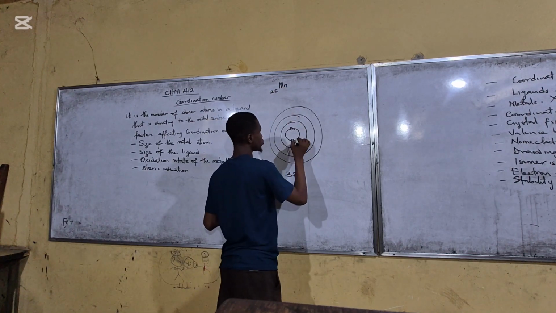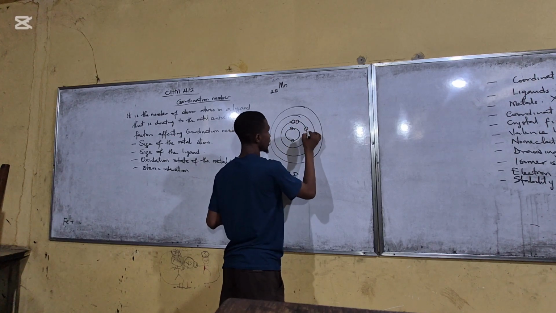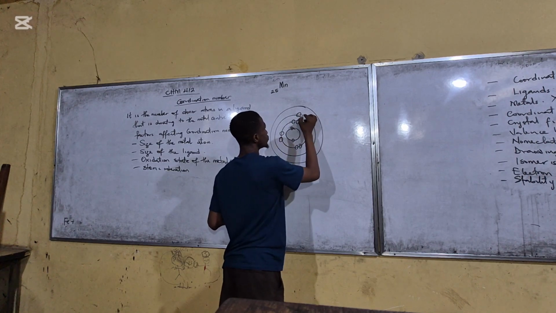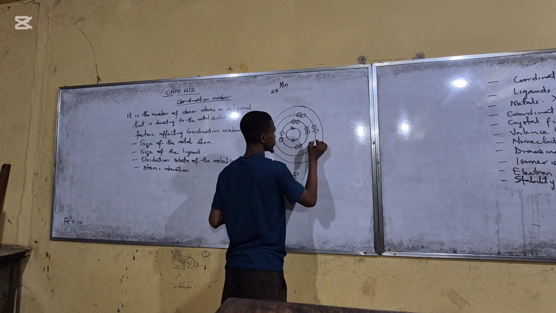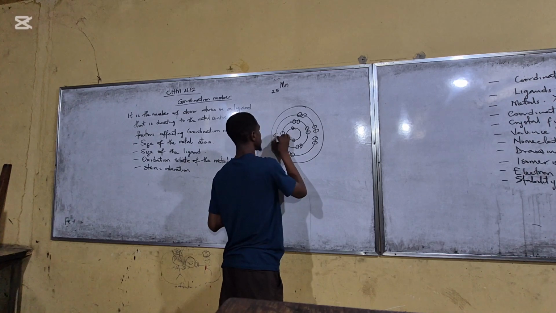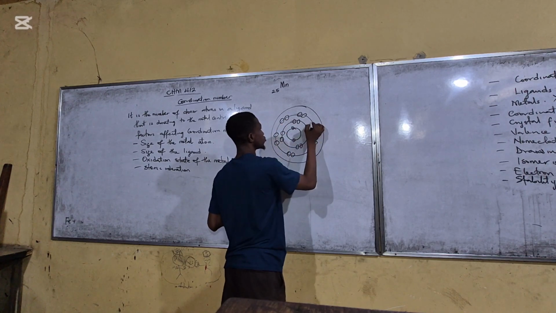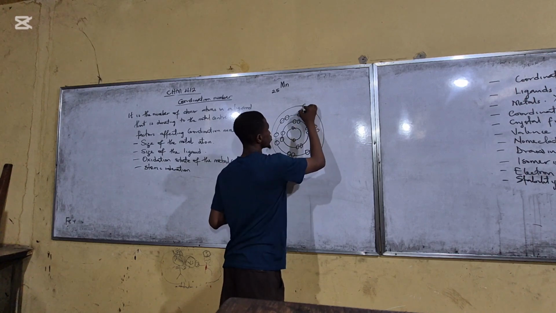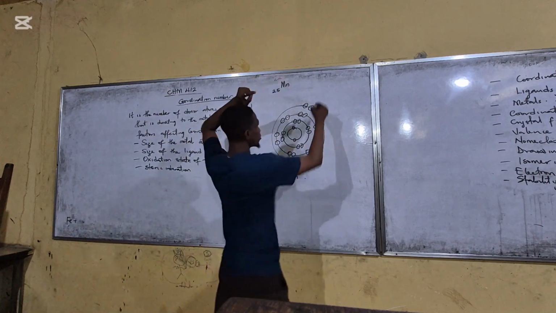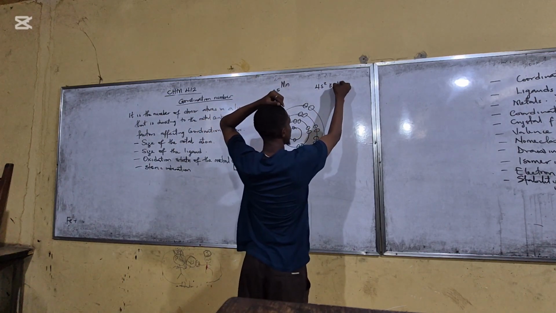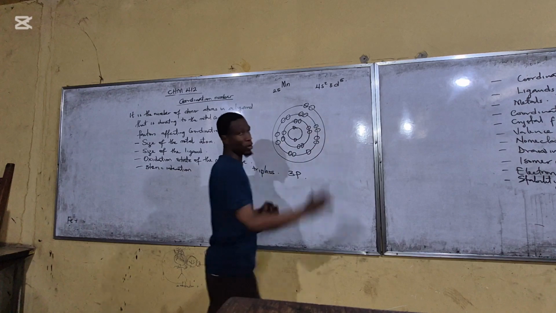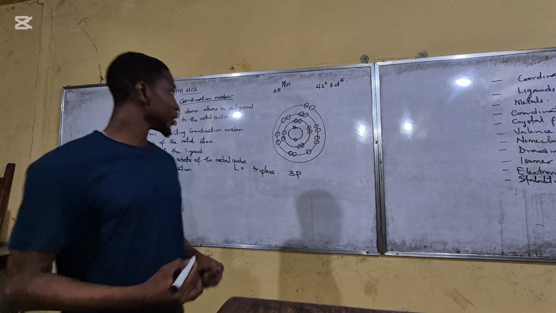So we have 1, 2, 3, 4, 5, up to 25. The reason why I put this 2 out here is because it's 4s2 3d5, so the 2 has to be outside. The 4s is the outermost.